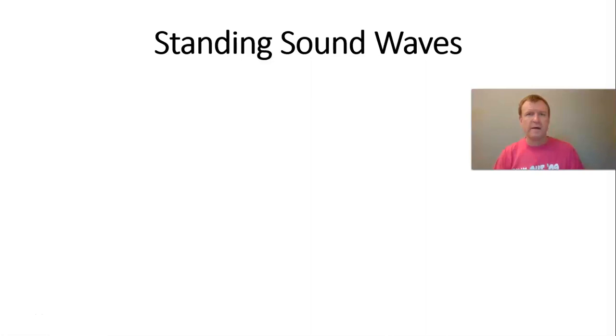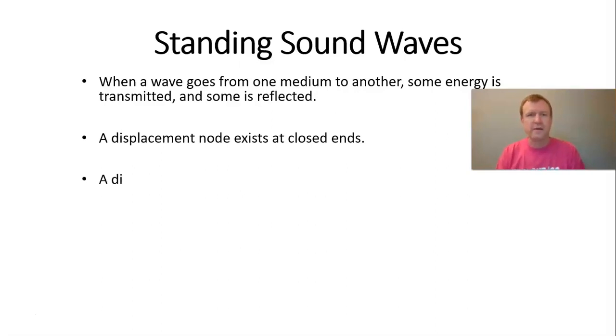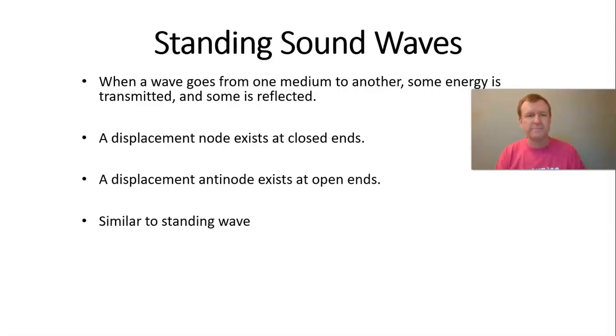All right, we looked at this slide in the previous video, but we're going to go through it again real quickly just to make sure we remember everything. When a wave goes from one medium to another, some of that energy gets transmitted into that other medium and some is reflected back. And we're looking at that reflected part. Displacement node exists at the closed end and antinode at the open end. Again, we saw that in the simulation.